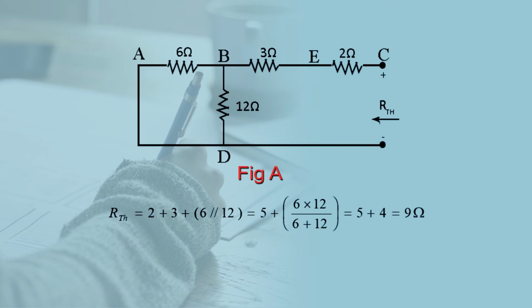Just solving this expression you can find out the value of RTH. So RTH is equal to what? The resistance between EC, that is 2 ohm, and the resistance between BE, that is 3 ohm. You add these, and the equivalent BC resistance is added with the equivalent resistance of the two branches 6 ohm and 12 ohm. After solving you will get the value of Thevenin equivalent resistance as 9 ohm.